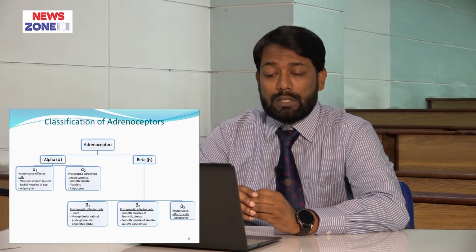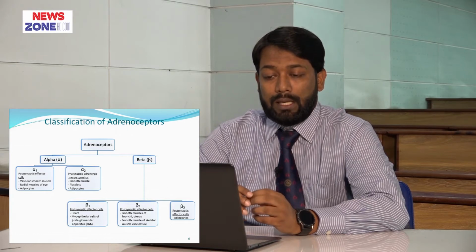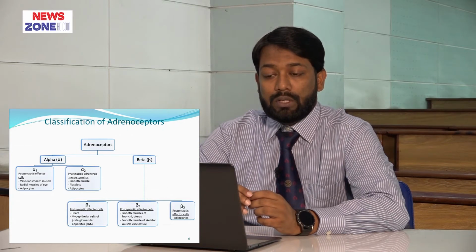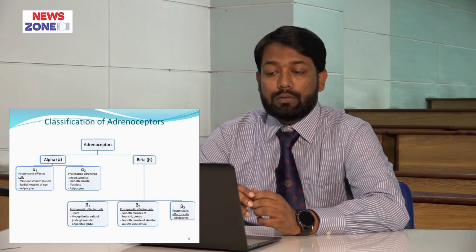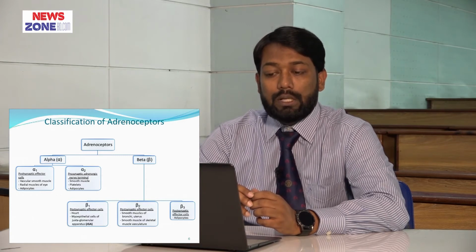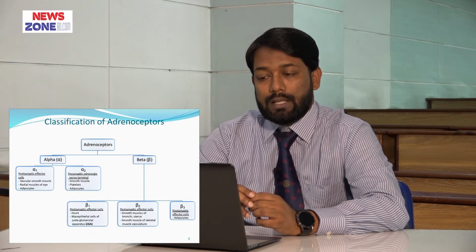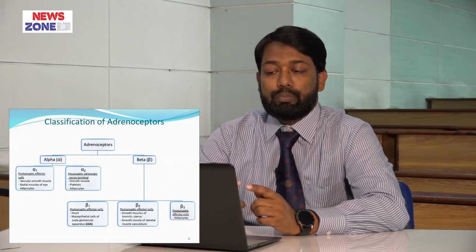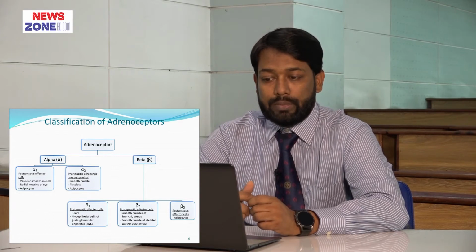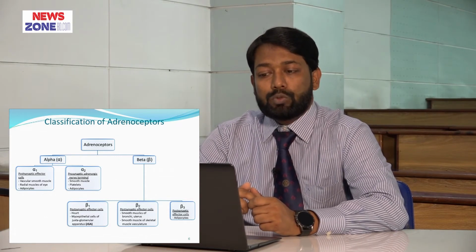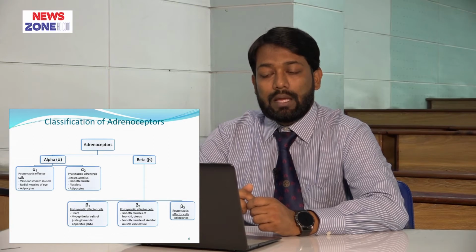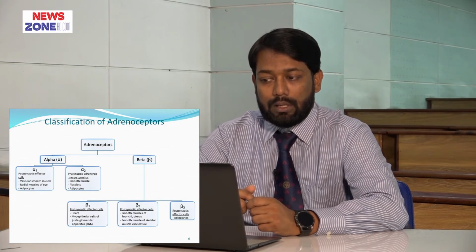The alpha 1 receptors are found in postsynaptic effector cells of vascular smooth muscle, radial muscle of the eye and adipocytes, whereas the alpha 2 receptors are presynaptic autoreceptors found in smooth muscles, platelets and adipocytes.